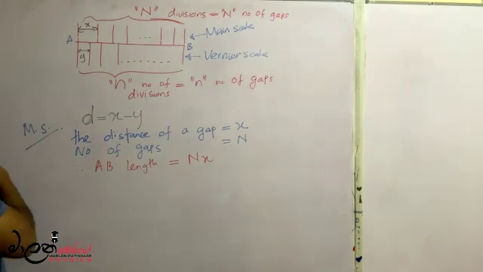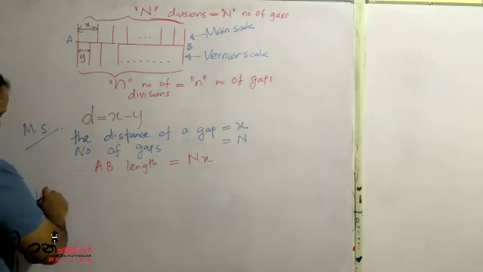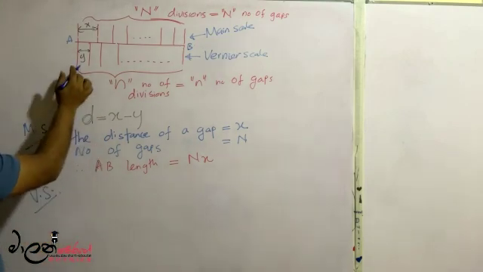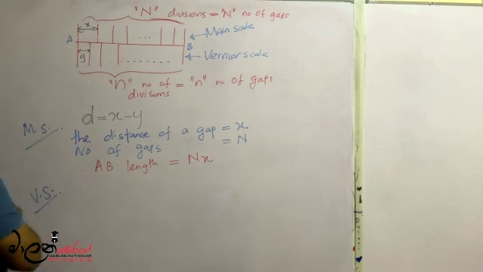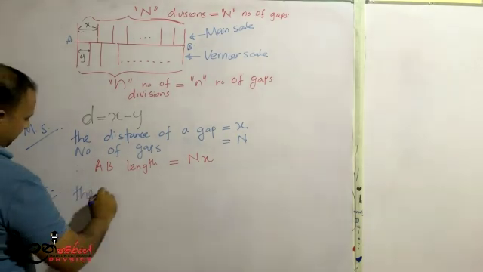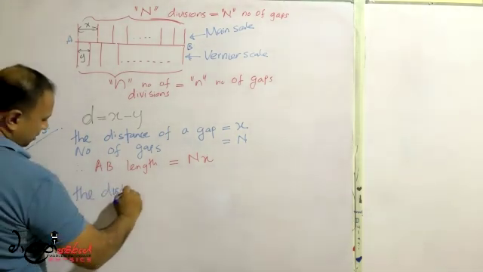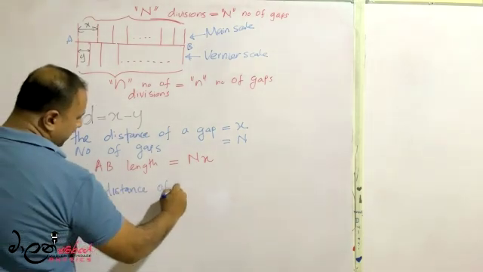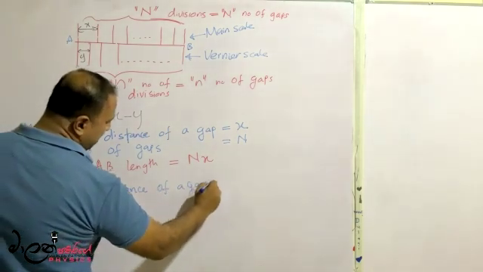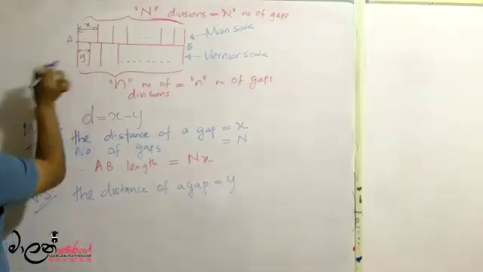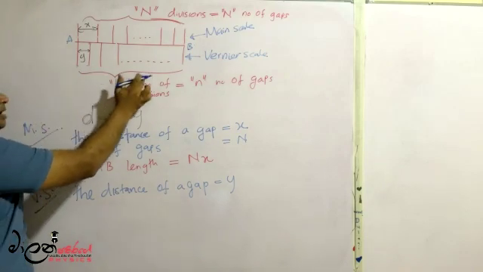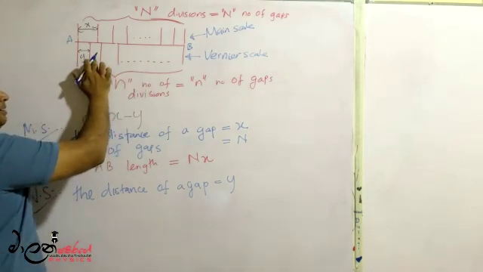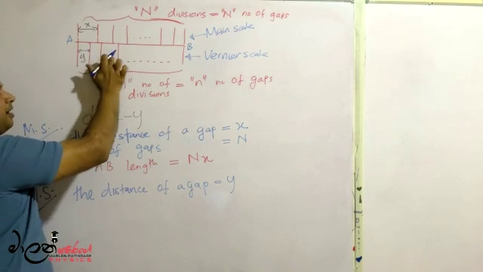Now we can do this for the vernier scale. Look at this one. The distance of a gap is equal to y. Now there are simple n number of gaps: y, 2y, 3y, 4y.